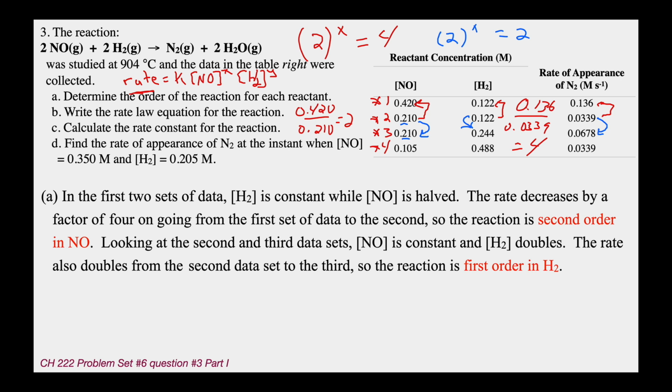Now this last sentence there says, looking at the second and third data sets, NO is constant and H2 doubles. So as the rate doubles, 0.0339 to 0.0678, and the H2 is doubled, 0.122 to 0.244, then you do have 2 to the x equals 2. Only way x is going to work is if x is 1. So by hook or by crook, this is a great way.